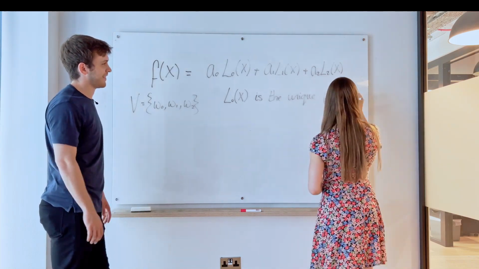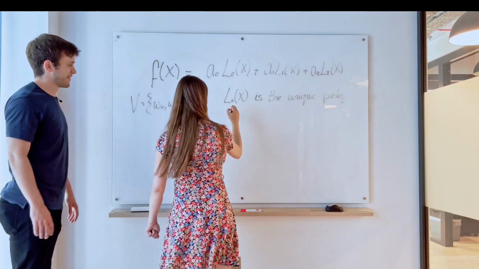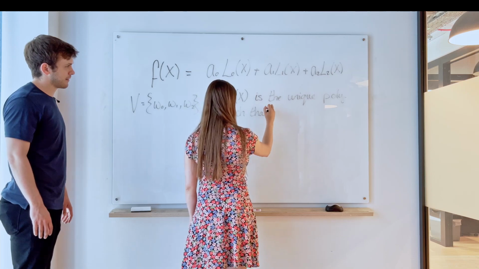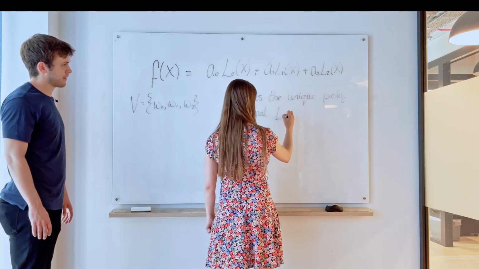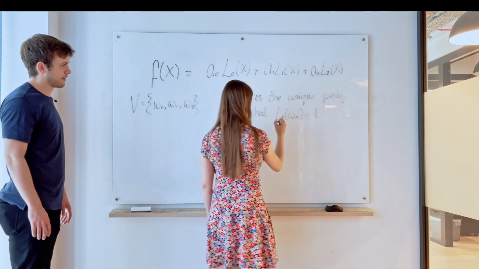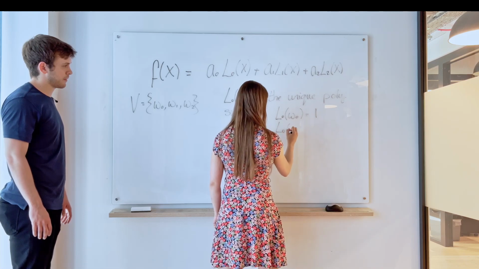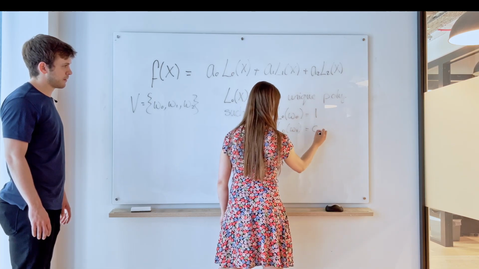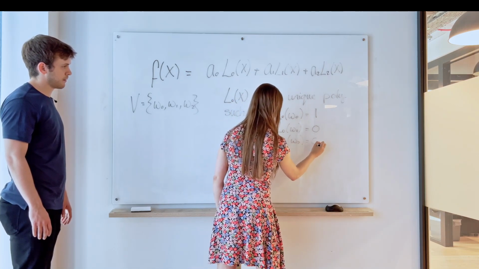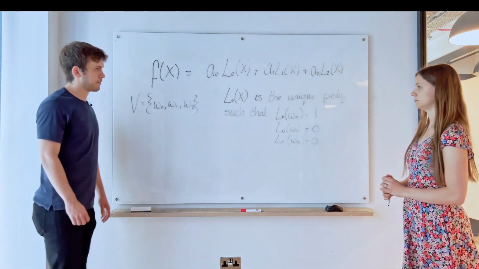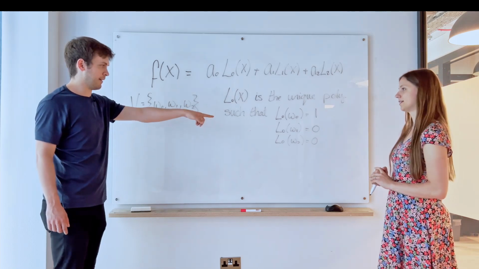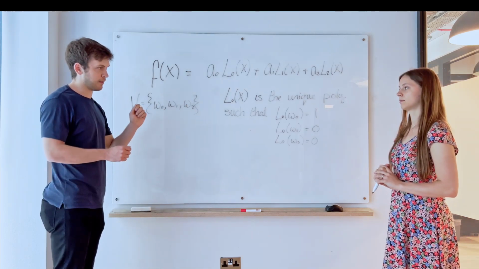Such that L0 of omega 0 is equal to 1, L0 of omega 1 is equal to 0, and L0 of omega 2 is equal to 0. And so the others are defined similarly, where if the indexes match, it's 1, and if they don't, it's 0. Yes, exactly that.